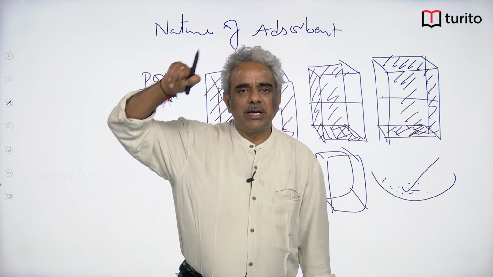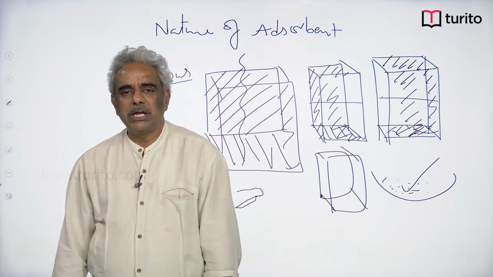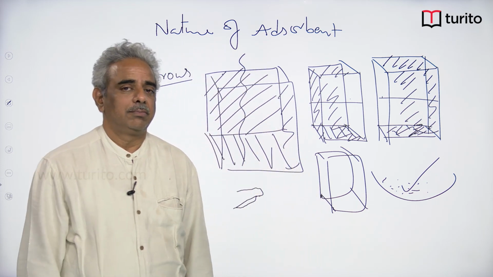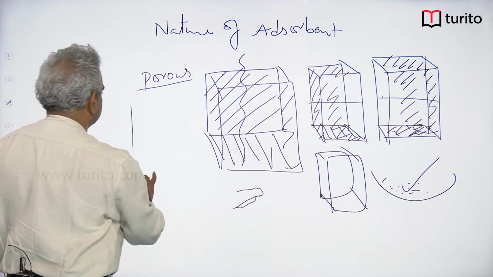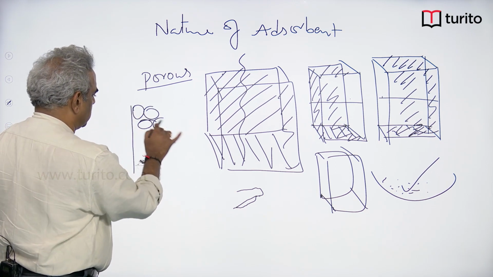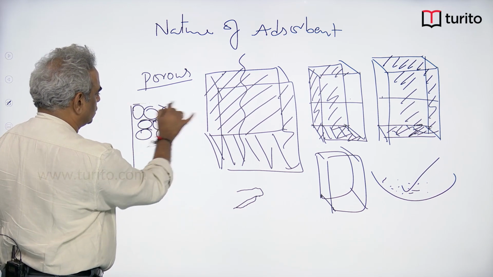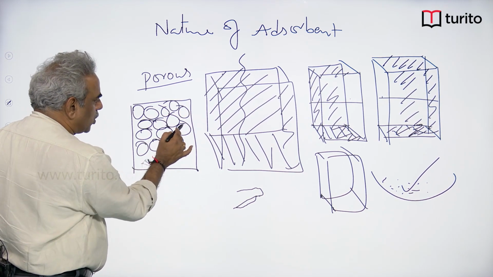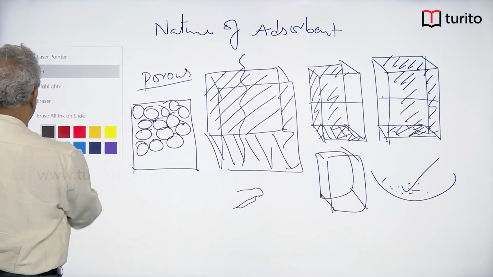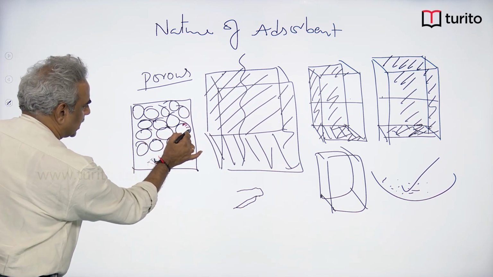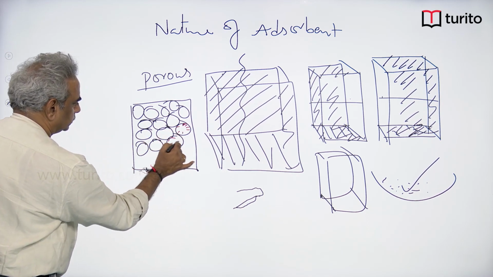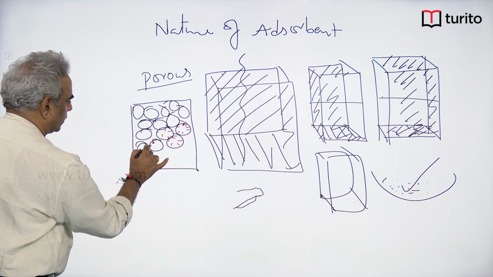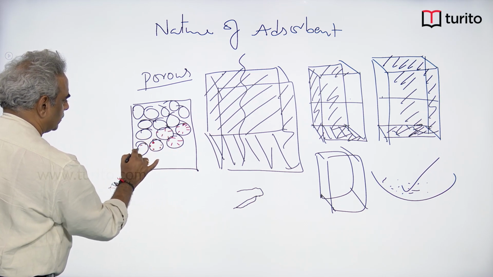Each cavity has a wall and each wall provides its surface. Suppose you have a porous substance, it will be like this. Everywhere you will have pores. These are all pores. For the pores there is a surface. The surface can take up molecules. See, the surface can take up some molecules.